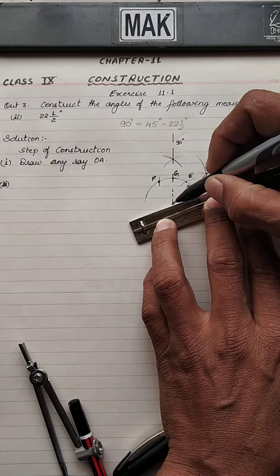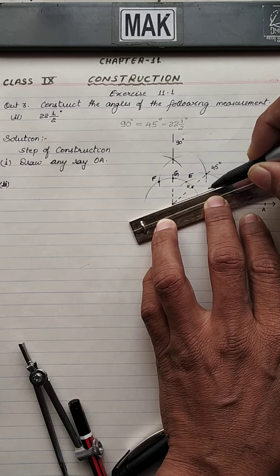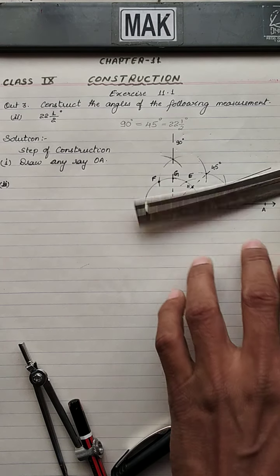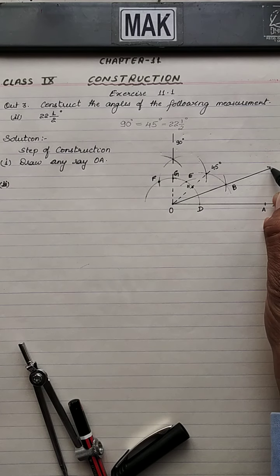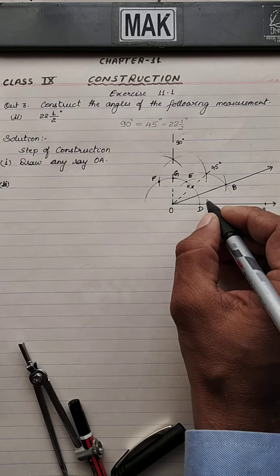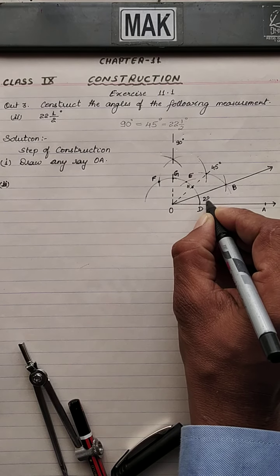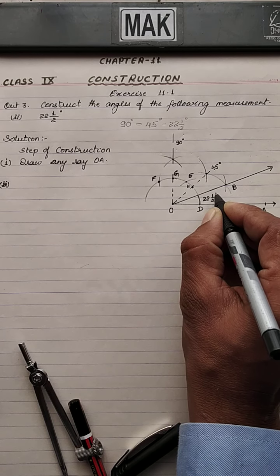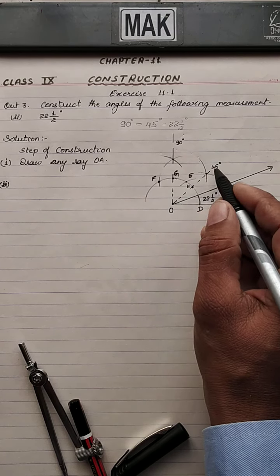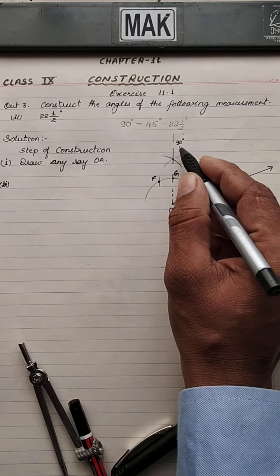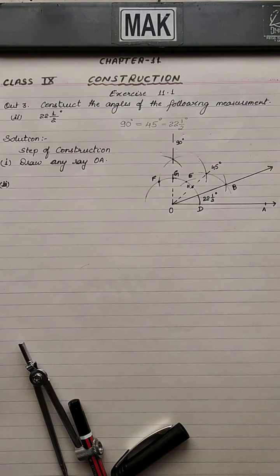Now you see here, this is our ray, and this is our 45-degree angle. Oh sorry, 22 and a half degrees. It is 22 and a half degrees. Is it clear? And this line is 45 degrees, this line is 90 degrees. So the complete procedure is this.